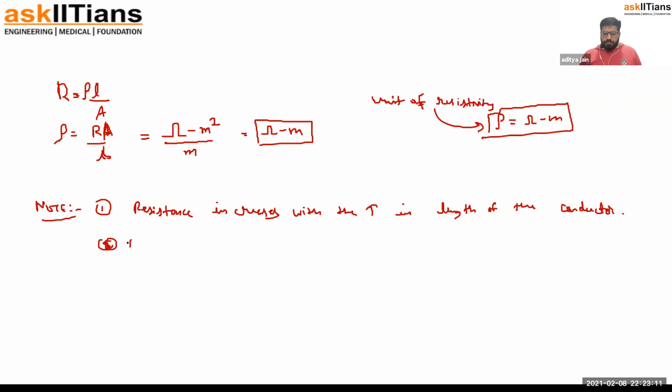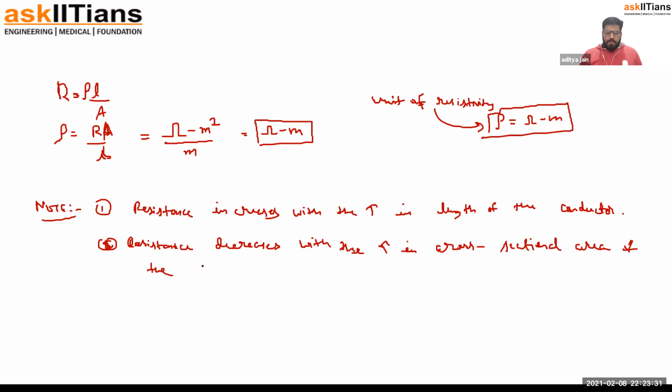This is clear. Second point is that resistance decreases with the increase in cross-sectional area of the conductor. I think this point is also clear because it is inversely proportional.